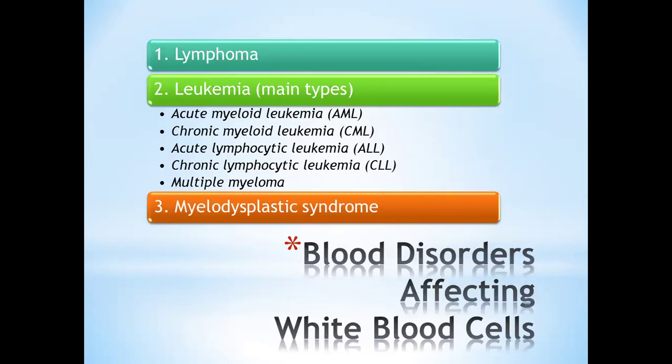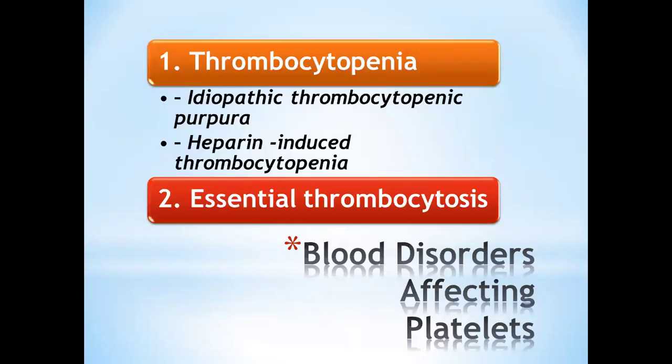Blood disorders affecting white blood cells are divided into lymphoma, leukemia, and myelodysplastic syndrome. Blood disorders affecting platelets: thrombocytopenia, divided into idiopathic thrombocytopenic purpura and heparin-induced thrombocytopenia, and essential thrombocytosis.